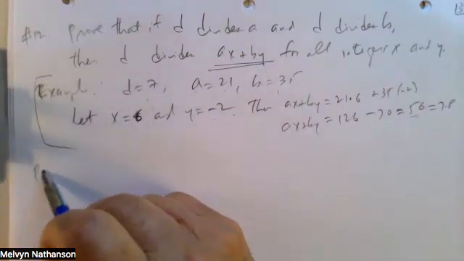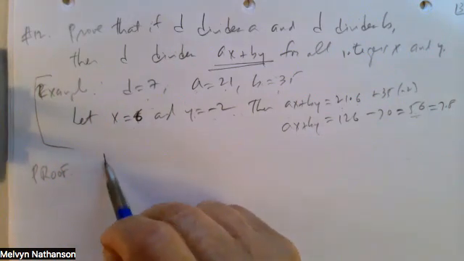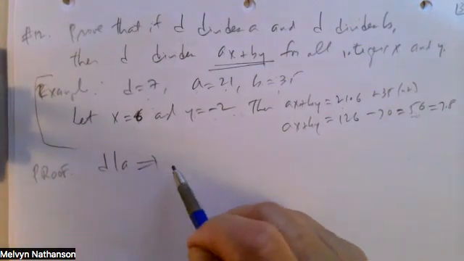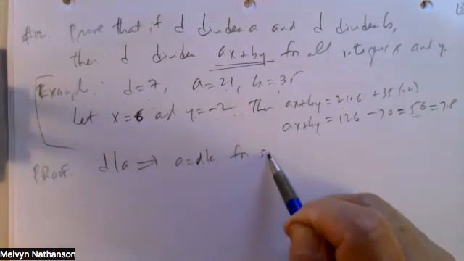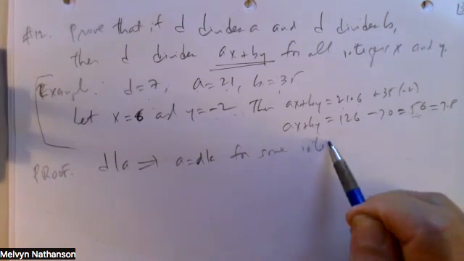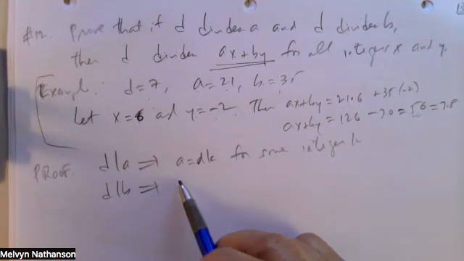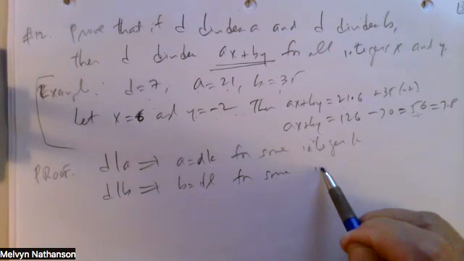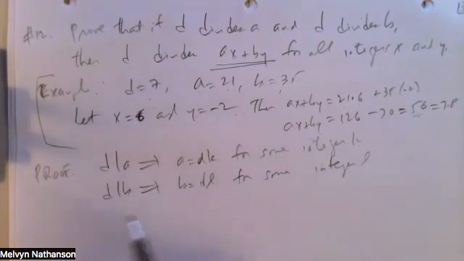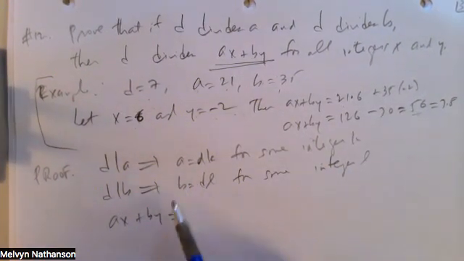How do we give an actual proof? Well, if D divides A, that means that A is dk for some integer k. And if D divides B, then B is D times L for some integer L. And if you take any integers x and y, ax plus by is what?